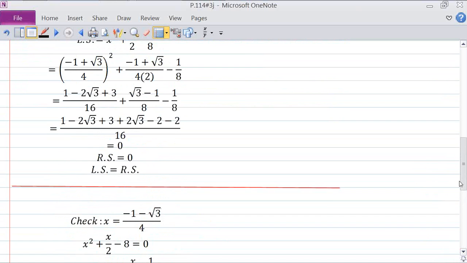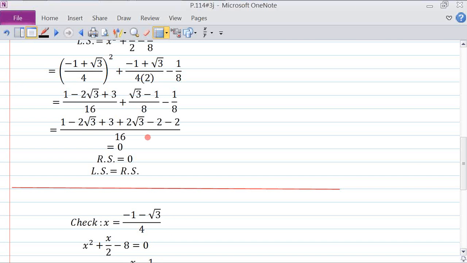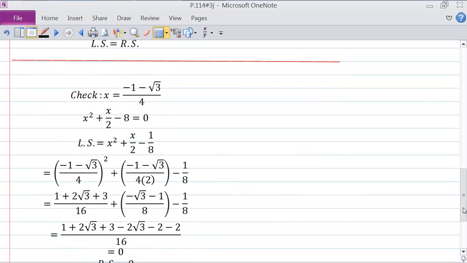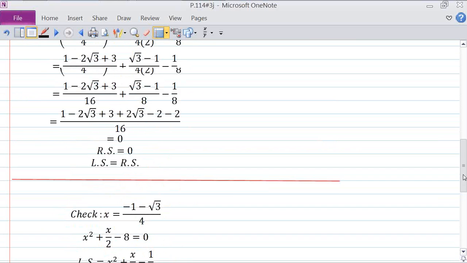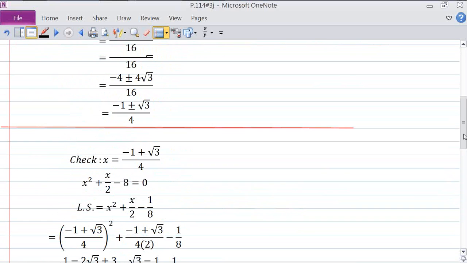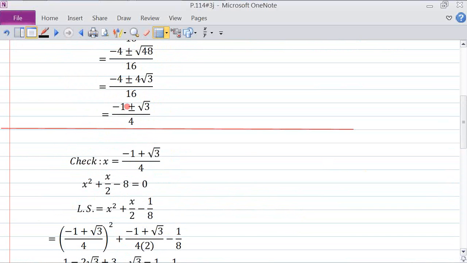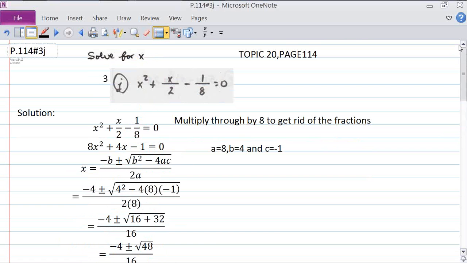You can see over here, this was a minus and this is a plus. In the other solution, this becomes a plus and that becomes a minus, but they still sum to 0. So whether you use the minus 1 plus root 3 over 4 or use the minus 1 minus root 3 over 4, they both check out and are acceptable solutions.